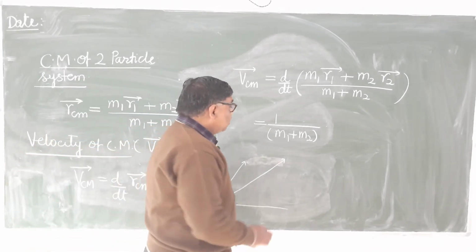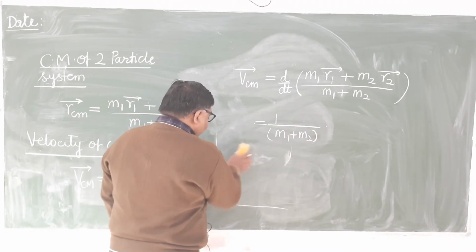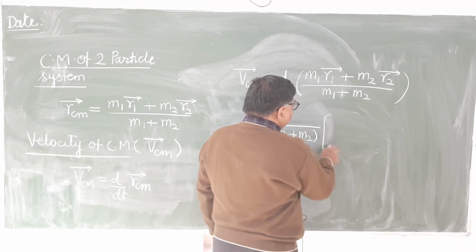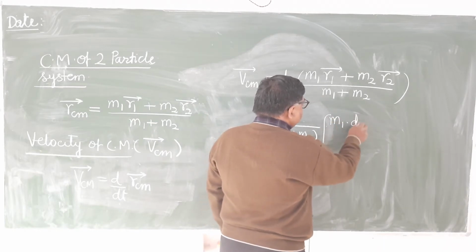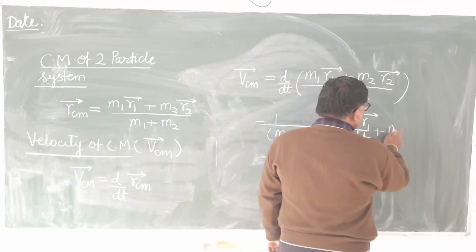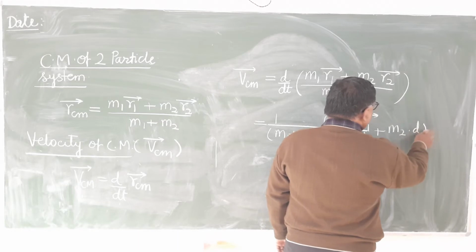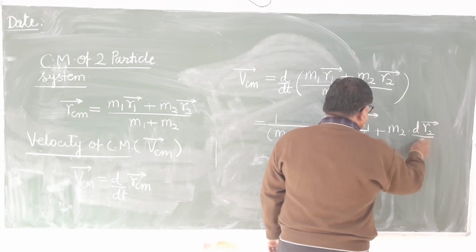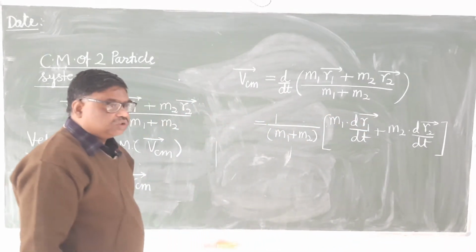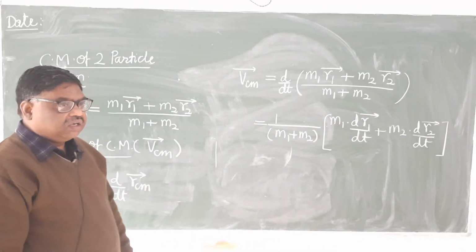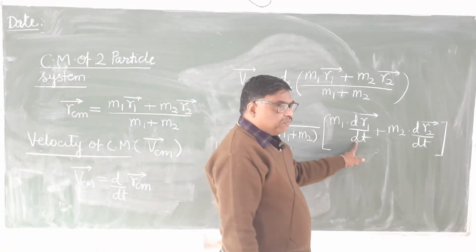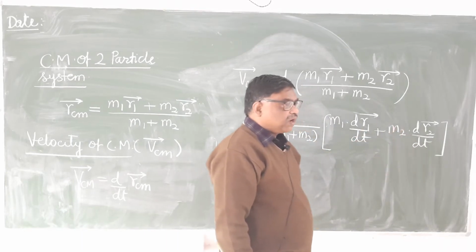So we have taken m1 plus m2 outside, and this you can write as m1 into dr1 upon dt plus m2 into dr2 upon dt. Now what is dr1 upon dt? It is the rate of change of position vector of particle 1, meaning it is the velocity of particle 1. And this is the velocity of particle 2.